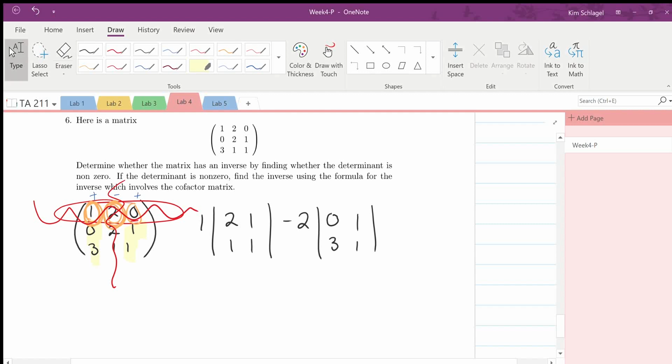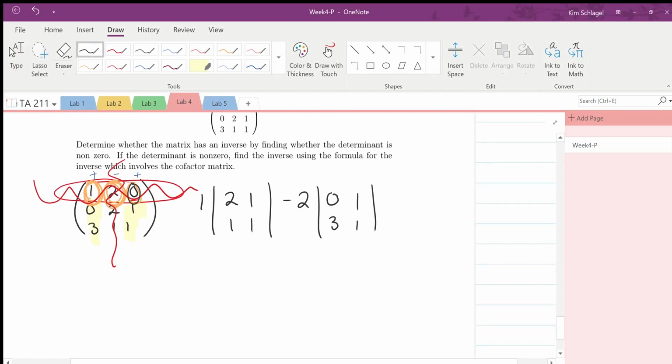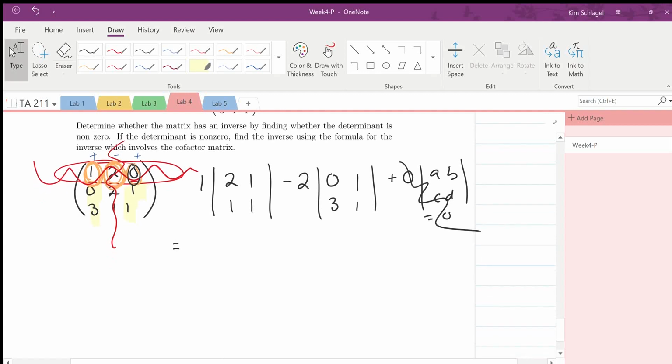Okay. So our next one is 0, and because 0 times anything is just 0, we can leave that one out. We would have 0 times something, but this would always equal 0. So here we have 1 times, and using our formula for determinant, we're going to have 1 times 2 minus 1 times 1. Then we're going to have -2 on the outside here, and we have 0 times 1 minus 3 times 1.